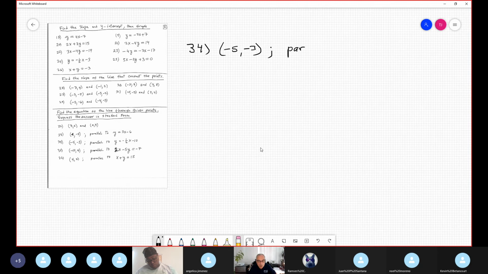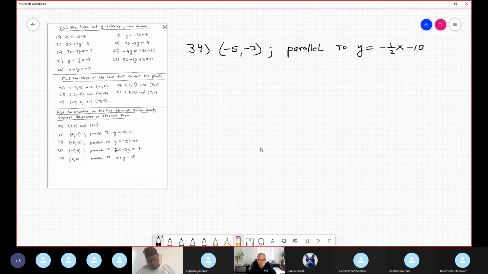This is important because when it's perpendicular, it's not the same slope. To 2y equals -1/2 x minus 10. This is the given line.